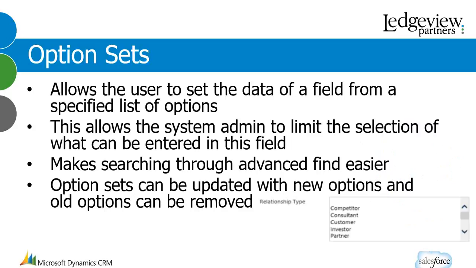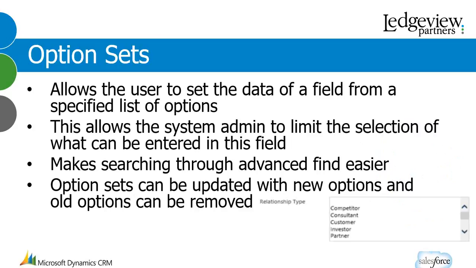Because you're limiting that selection, it also makes searching through Advanced Find easier. We all know with text fields, especially a lead source, if you're typing in trade show, some people might abbreviate trade show. They might do trade show dash what the trade show was.